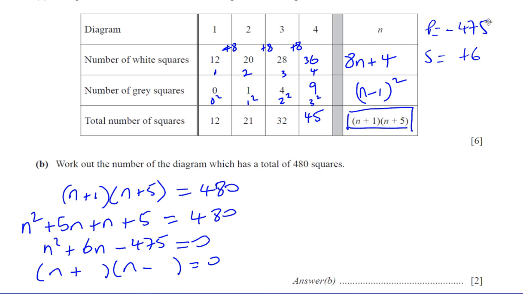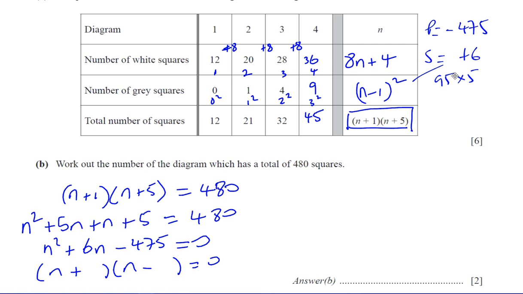You'll get it. You know that one of the numbers has to have a 5 at the end. The only way you get 5 at the end of a product is when one of the numbers ends with a 5. So you've got to think of different ways of getting 475. Of course there's 475 times 1, which doesn't work. If you divide 475 by 5, you get 95, so 95 times 5, which doesn't work, since you look for a difference of 6.